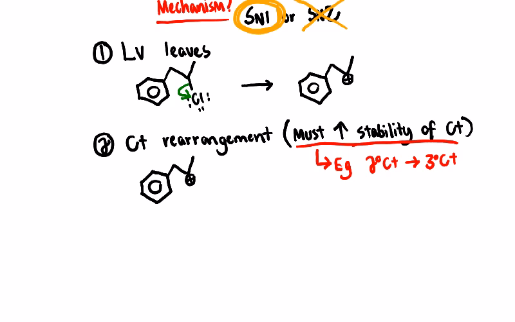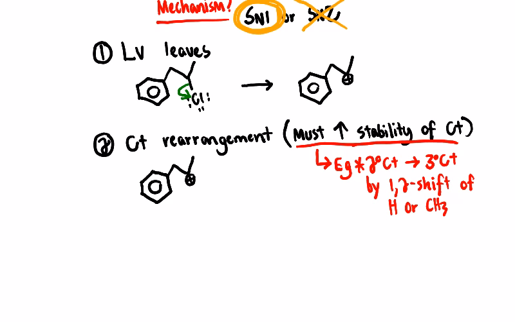And looking at our structure here, the only ways that we can do this are by a 1-2 shift, meaning moving a methyl group or a hydrogen from one carbon atom to the next. And I don't see any way here with our current carbocation that we could move a group, a methyl or a hydrogen, by one position to take that secondary carbocation and convert it into a tertiary carbocation.